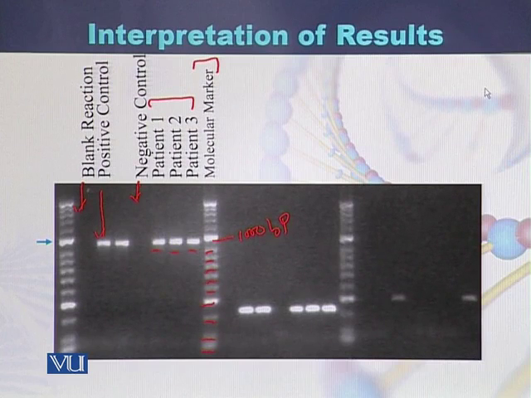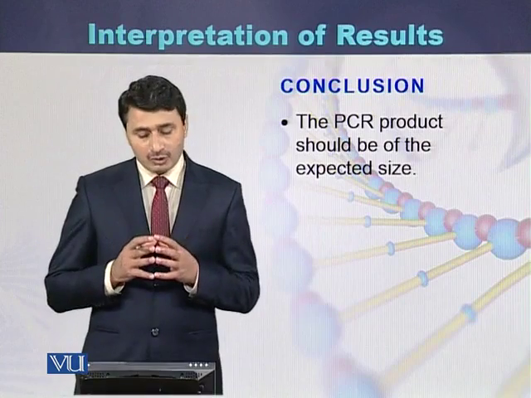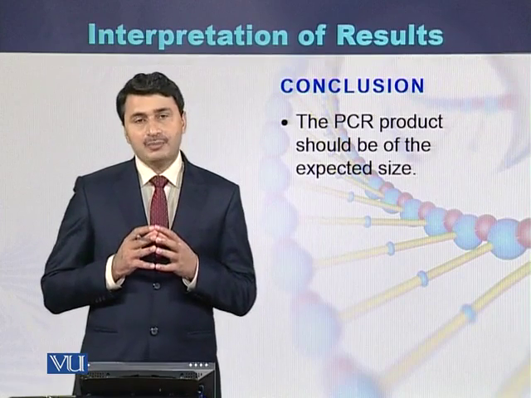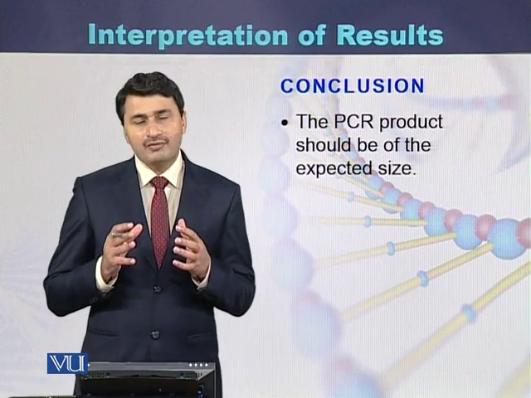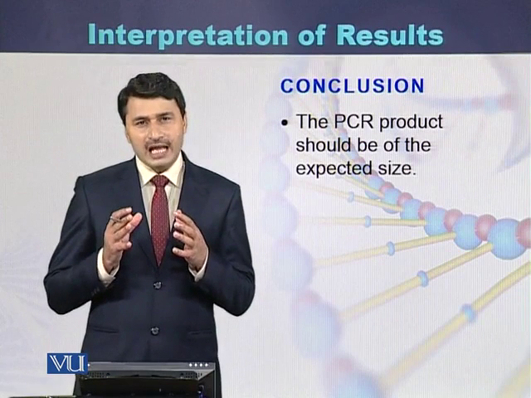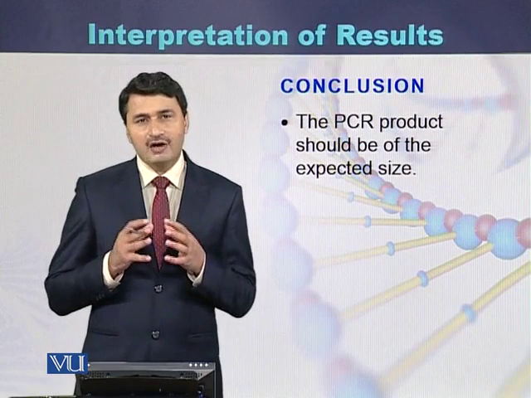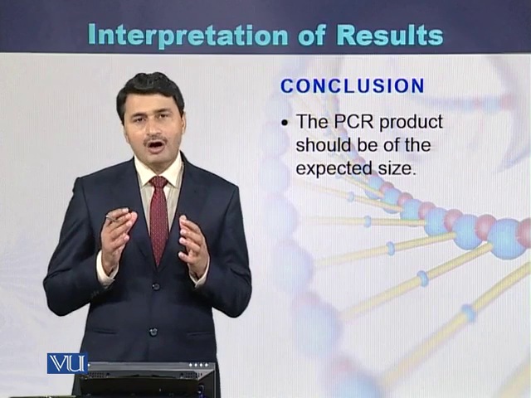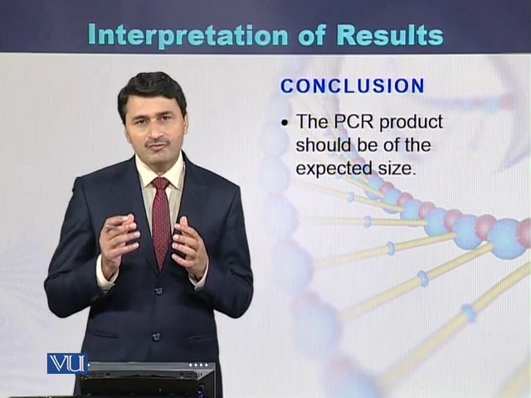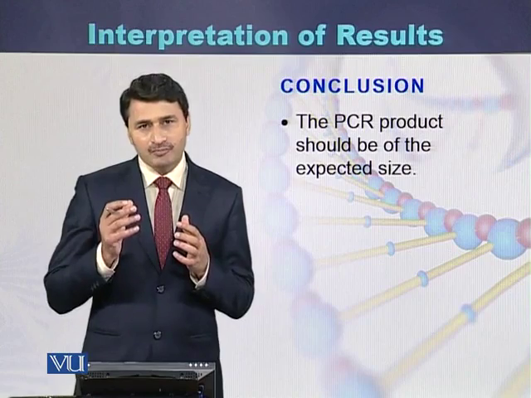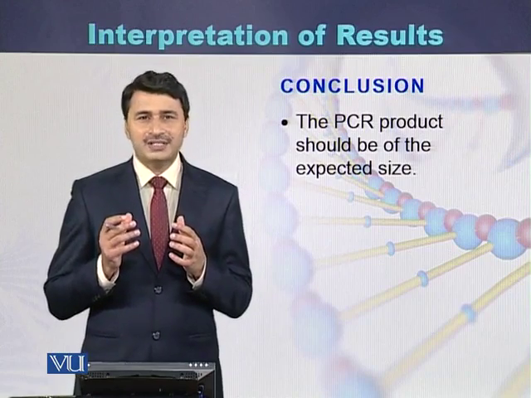Here we can see the results are according to our expectations. So to conclude, the expected size of the PCR product band should be the same size as what we were expecting before performing the PCR reaction.